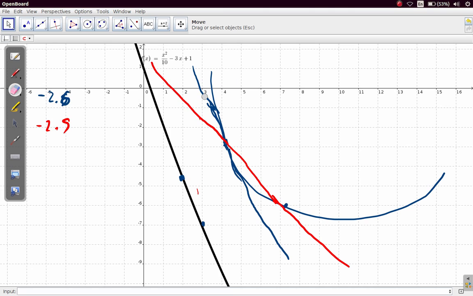But you get the idea. Let me see if I can improve what's going on here. So this would be the line. It's steeper, all right? And the red line, the line that we get from approximation, would be less steep. And this is the reason why.